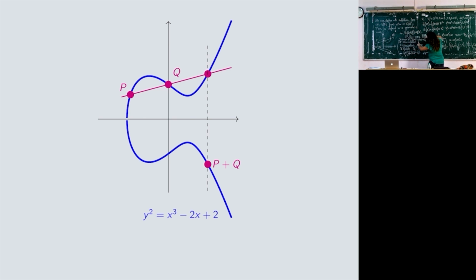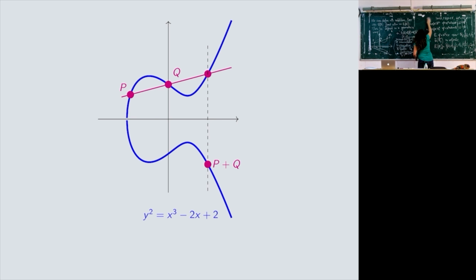Sorry, here was a little bit not well written, but what is important for us is that actually E(K bar) and also E(K) are abelian groups.